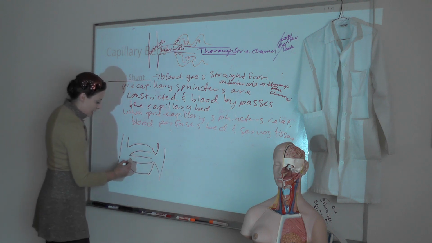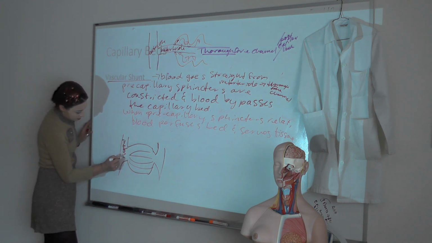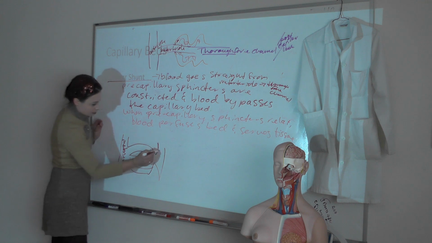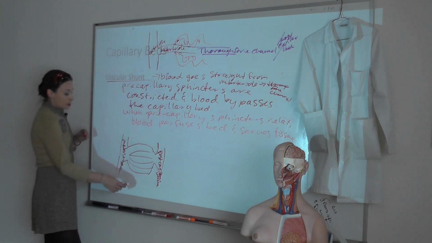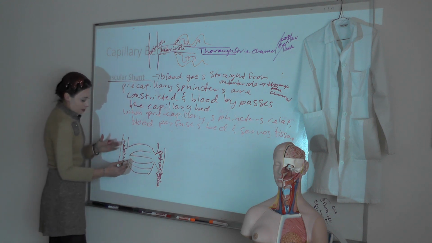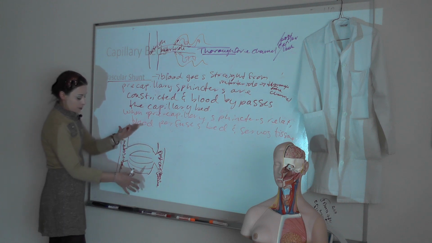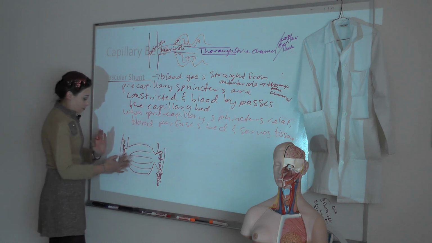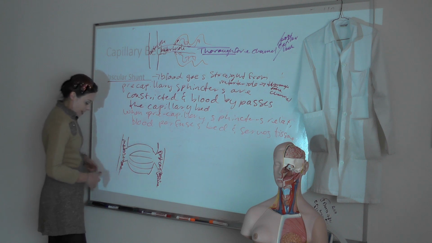So if this is my capillary bed and this is my meta-arteriole and this is my post-capillary venule, if this tissue needs nutrient and gas exchange, I can dilate my meta-arteriole and fill the capillary bed with blood. If I don't need nutrient and gas exchange, I can constrict my meta-arteriole and bypass the capillary bed.